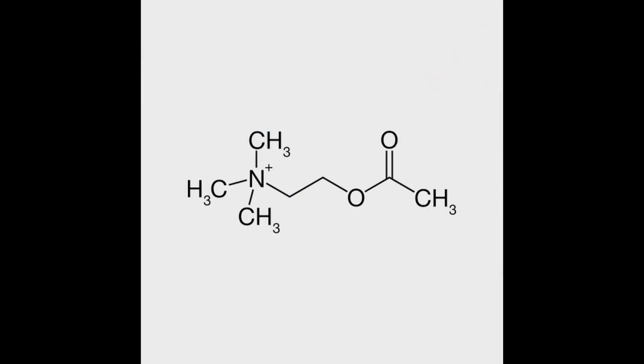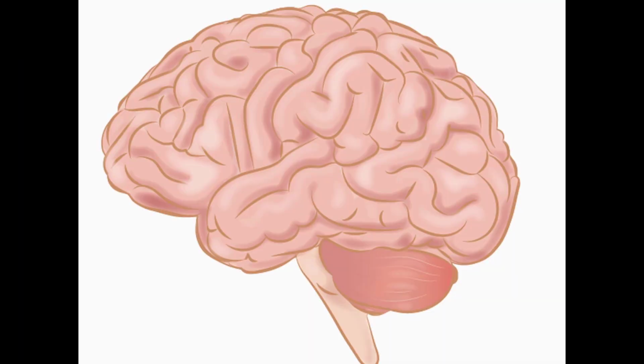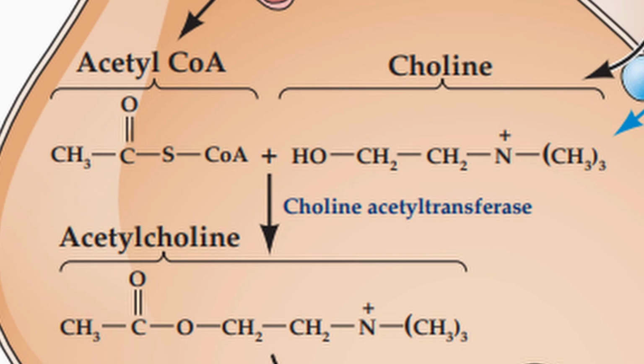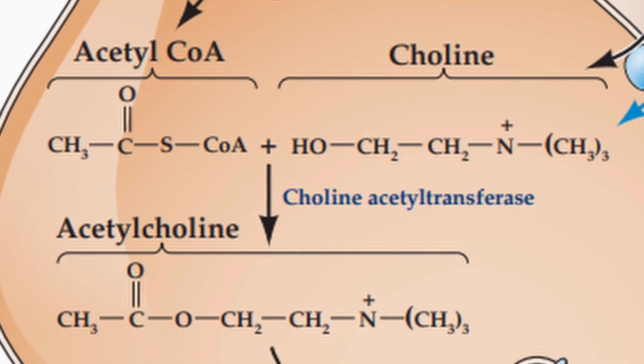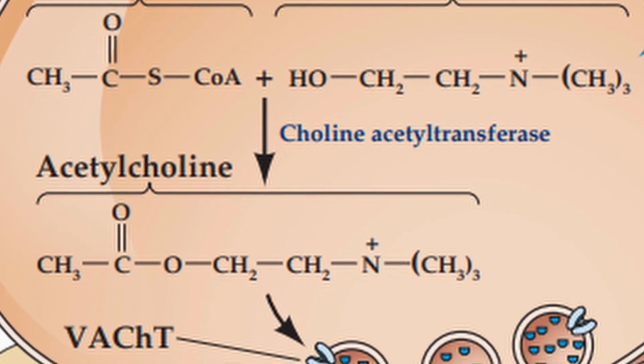Acetylcholine. This is one of the best studied neurotransmitters. One can find it in both central nervous system and at the neuromuscular junctions. It is synthesized, as the name suggests, from acetyl-CoA and choline in a reaction catalyzed by the choline acetyltransferase. Unlike the biogenic amines we covered before, acetylcholine is used differently.